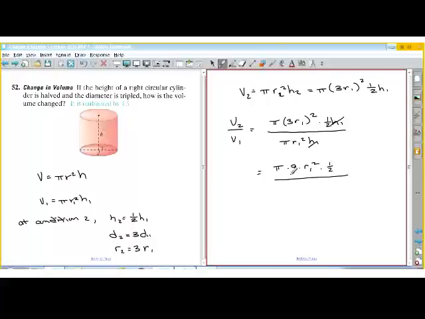Then I divide by what I have in the denominator, and the radius squared cancels out as well, and the pi's cancel out. So all I'm left with is 9 times 1/2. Therefore, the volume where the height is halved and the diameter is tripled is 4.5 times the original volume. So the multiplier is 4.5. That's how you get that.